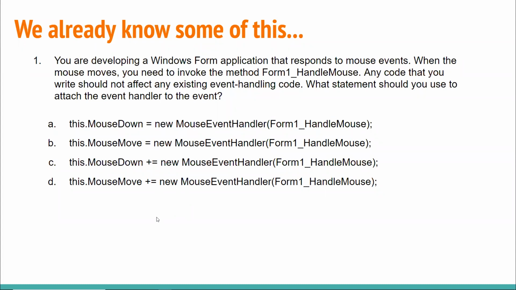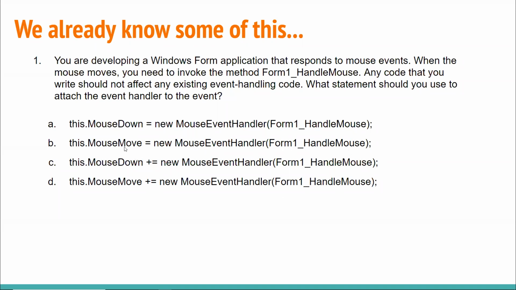So when you hear the word add, you should immediately be thinking plus. The second thing, just understand it. Any code that you write should not affect any existing event handling code. If I say this dot mouse move equals form1_handle_mouse, then anything that I previously linked to mouse move would be overwritten. Imagine there's a rectangle you can drag across the screen when you move your mouse, and I linked form1_drag rectangle to mouse move before I ran this code.